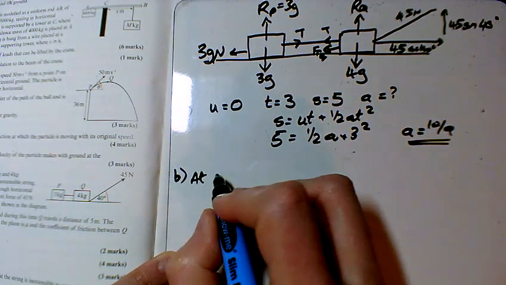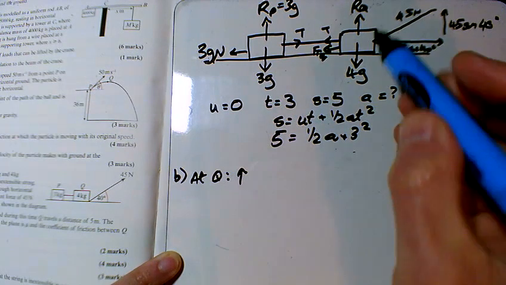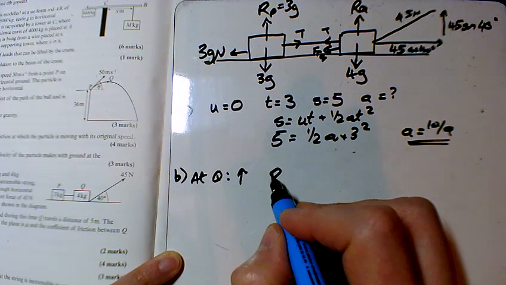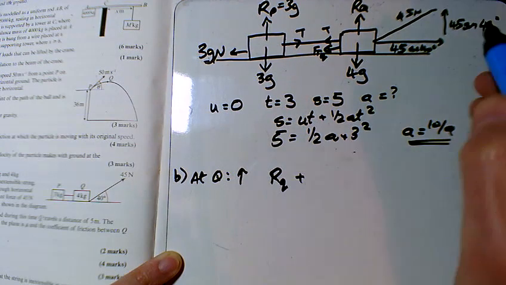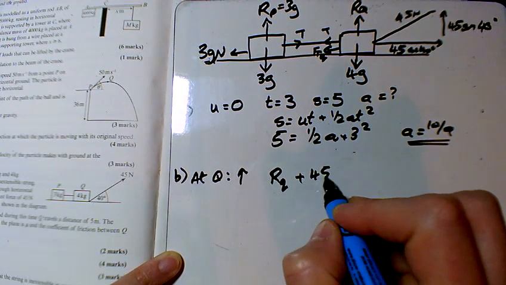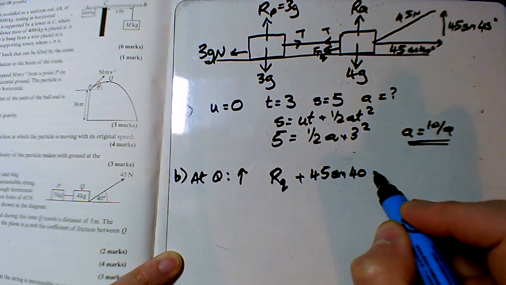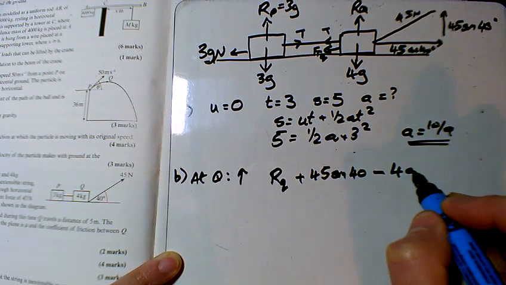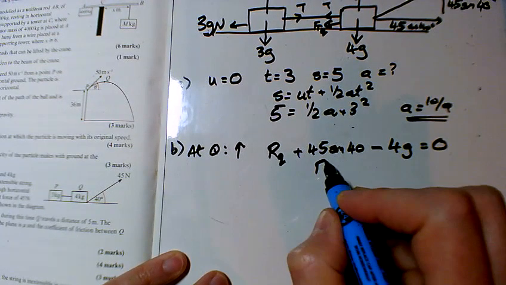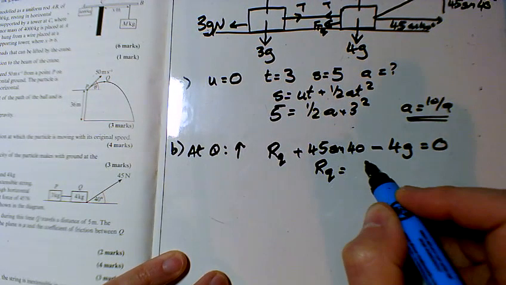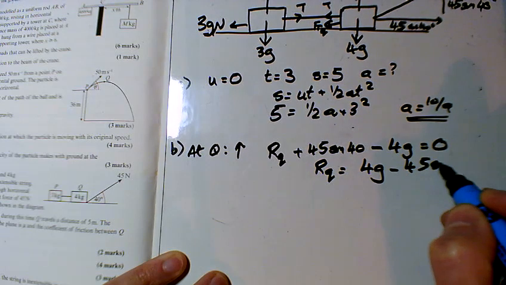So at Q, I'm going to look at the forces going up, and the forces going up, I've got the normal reaction RQ plus the 45 sine 40 minus the 4G equals 0. And so that means that the normal reaction there is 4G minus 45 sine 40.